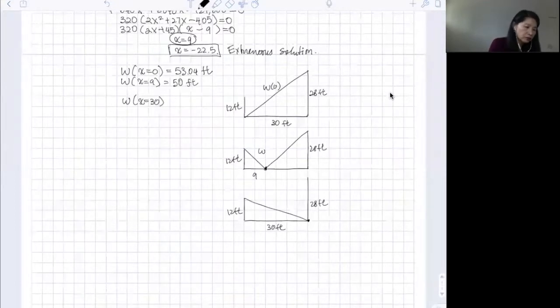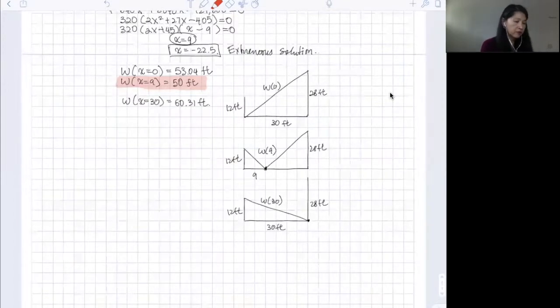So this is W at 9, and this is W at 30. And this distance is about 60 feet. Let's see. It is 60.31 feet. So now we can say for sure that when the stake is placed 9 feet from the 12-foot post, that gives us a minimum length of the wire, which is 50 feet.